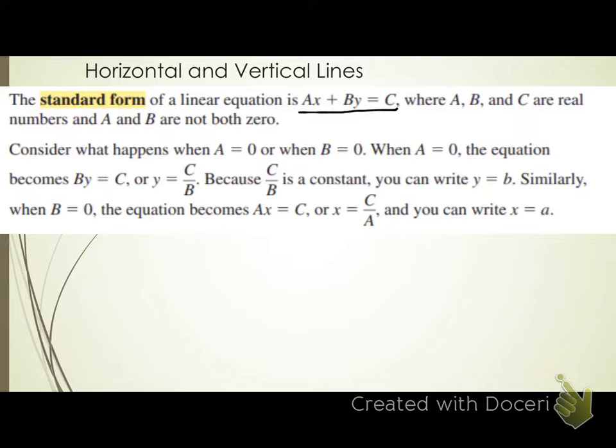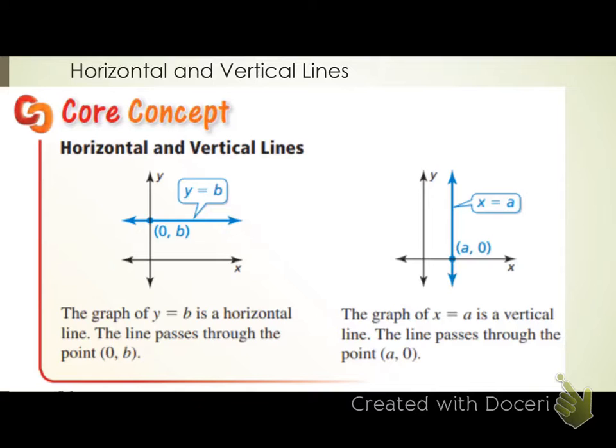That leads us into our first topic of discussion today, horizontal and vertical lines. Horizontal and vertical lines take on these forms of those equations: y equals b and x equals a. The graph of y equals b is a horizontal line.